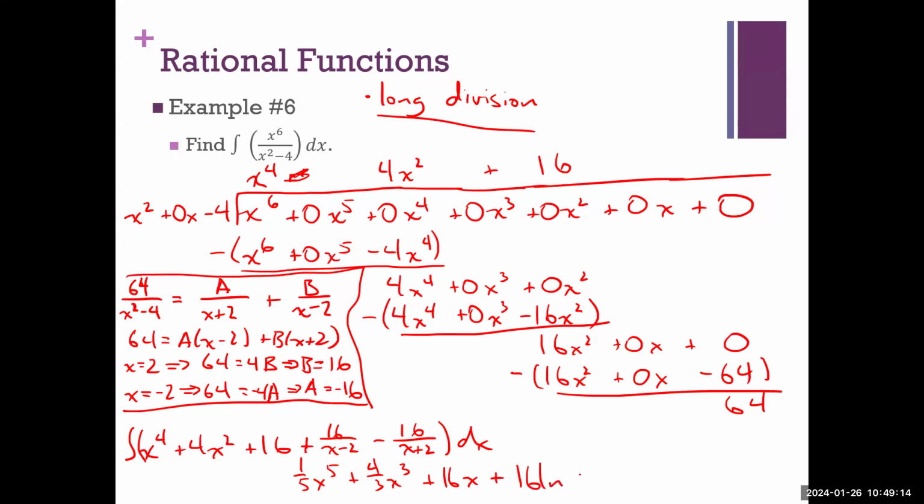Yeah, this is a natural log of what? x minus 2. Remember the absolute values. And finally, that will also be a natural log. Yeah. -16 natural log of x plus 2, plus c.